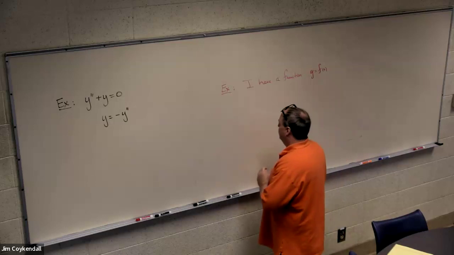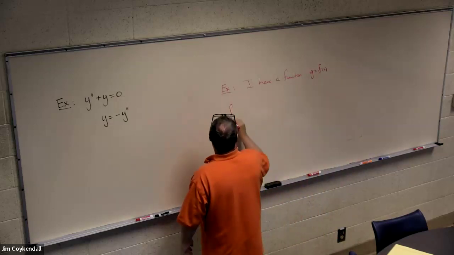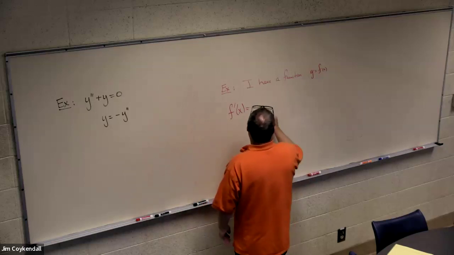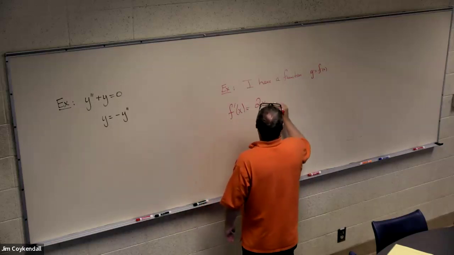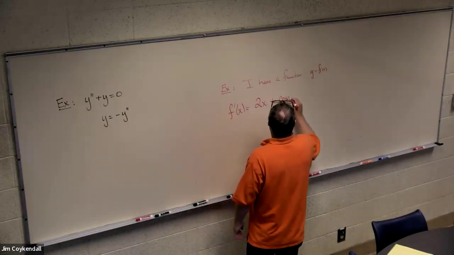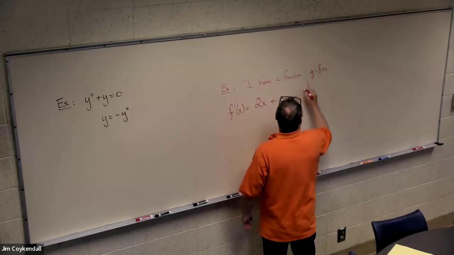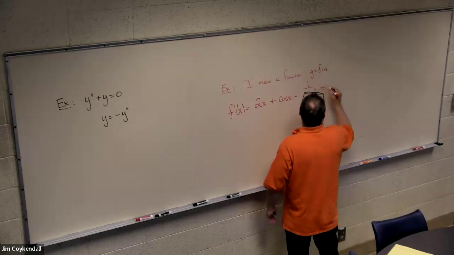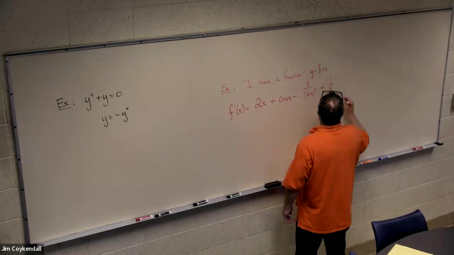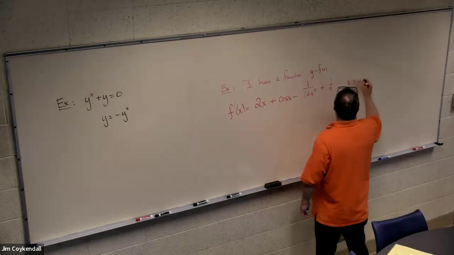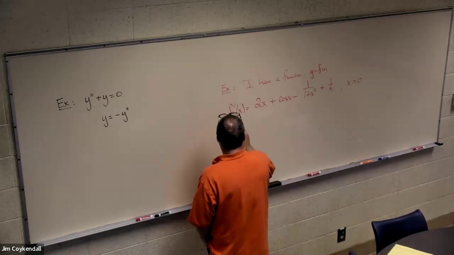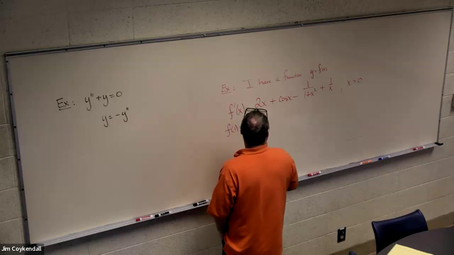And here's what I know. F prime of x is 2x plus cosine x minus 1 over 1 plus x squared plus 1 over x, with x greater than zero, and I also know that f of one is equal to something.